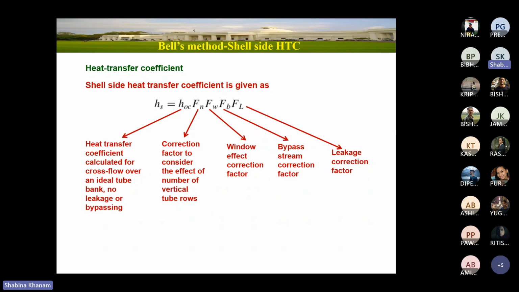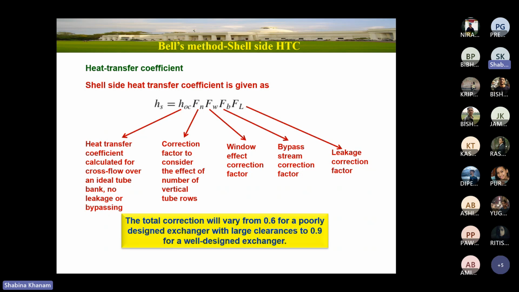First of all we will see the HOC, but before that the important guideline is the total correction factor. The total correction factor means the multiplication of Fn to FL. If you consider these correction factors, the total varies from 0.6 for a poorly designed exchanger with large clearances to 0.9 for a well designed exchanger.